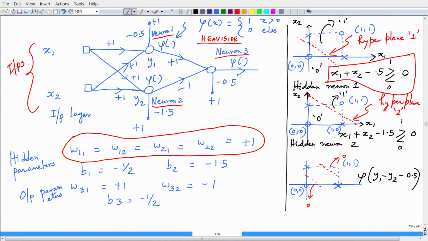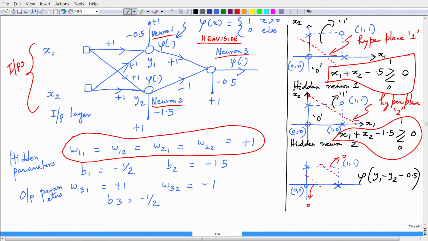This is given by this boxed item here, and phi of x1 plus x2 minus 1.5 is evaluated, and if the result is positive it becomes a 1, and it is 0 otherwise. And these can be visualized through hyperplanes, right.